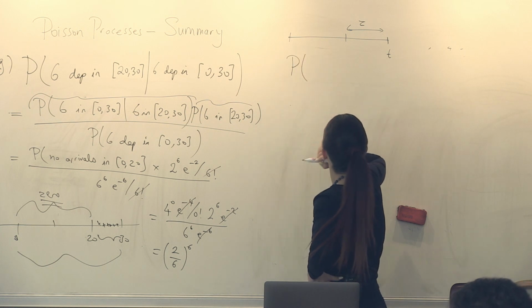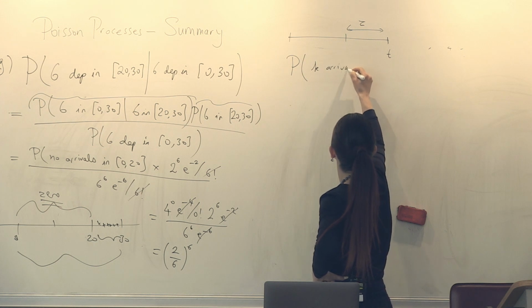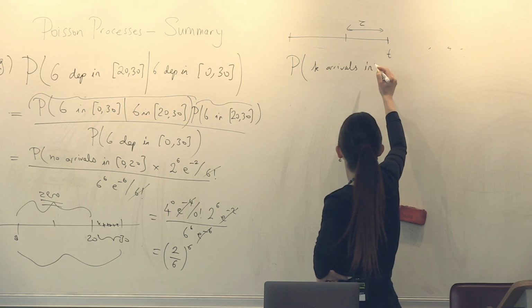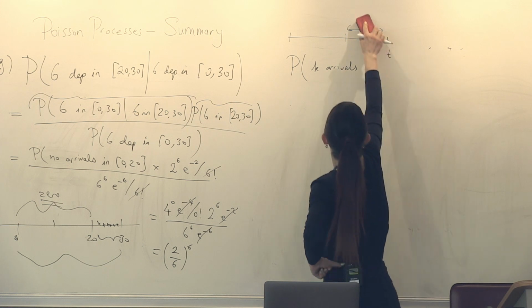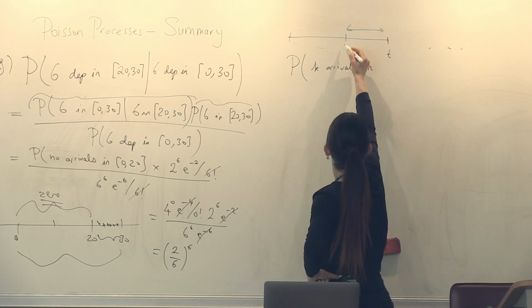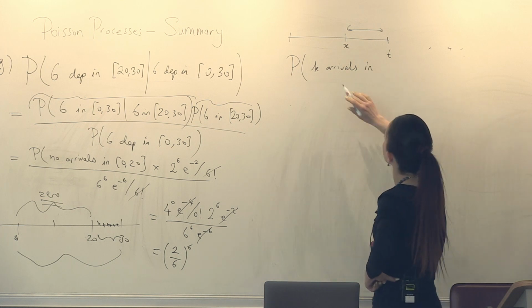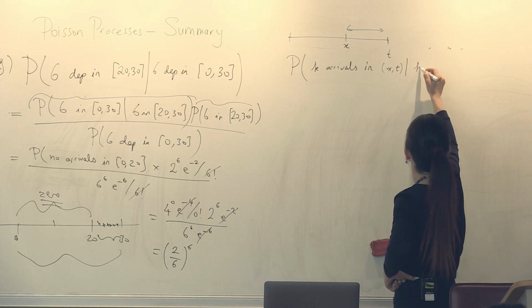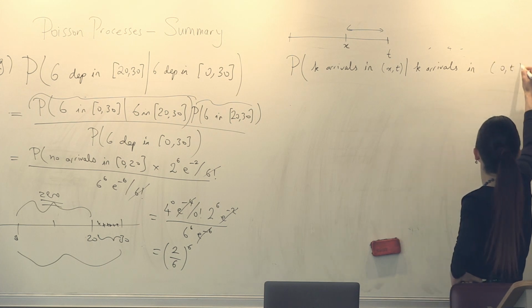What is the probability that there are k arrivals in, let's suppose this is x, okay? K arrivals in x to t, given that there are k arrivals in 0 to t.